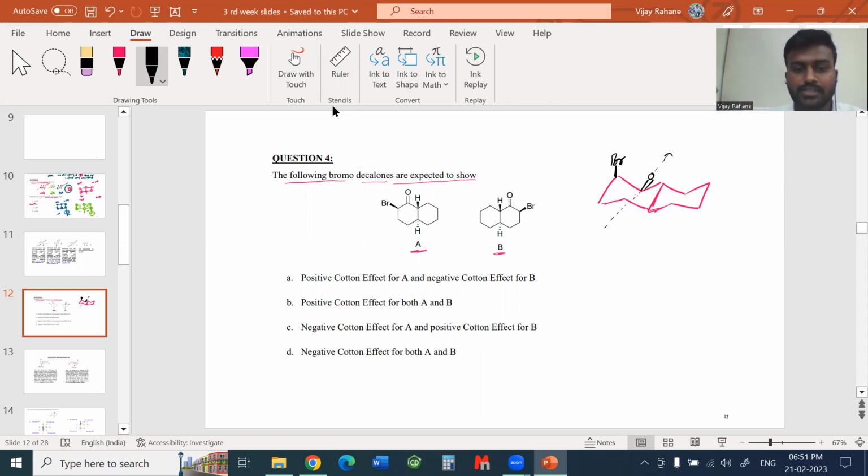So whatever the octant or quadrant comes, we need to just take the opposite. We need to change it, right? We can take the opposite one. So how will it be?